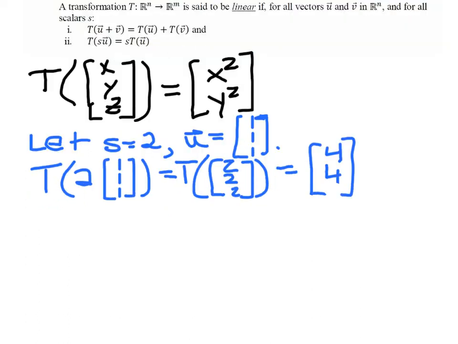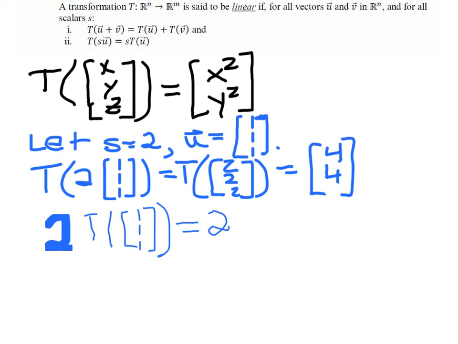Now, 2 times T of 1, 1, 1. Sorry about that. If you first apply the transformation to the vector 1, 1, 1, you'll have 1 squared for the first component and 1 squared for the second component.